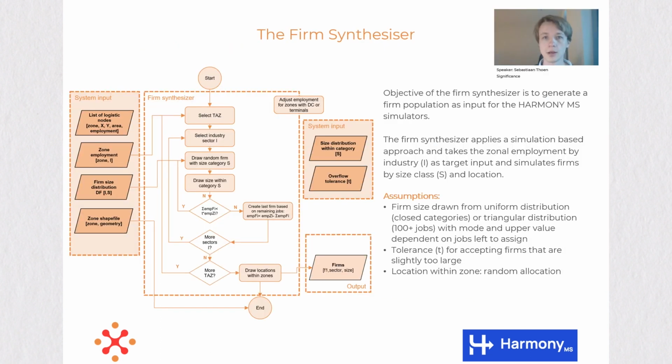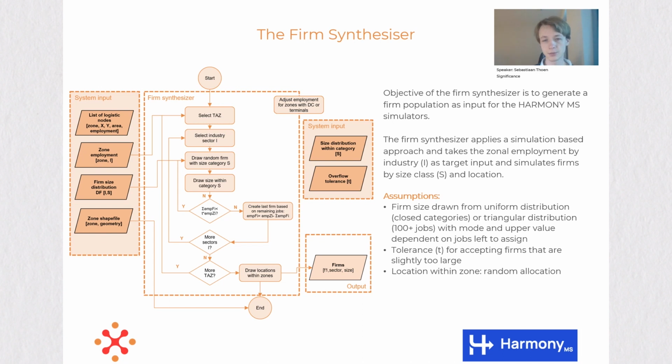The firm synthesizer is implemented as part of the strategic freight simulator. And what it does is that it creates a firm population. So that's a data set of individual synthetic firms. And each of these firms will have their own identifier, sector, number of employees, and their location in the study area.